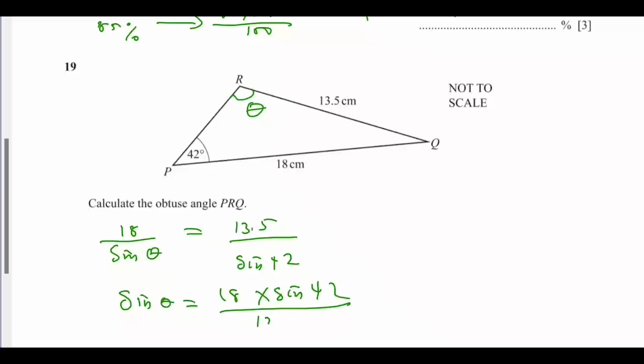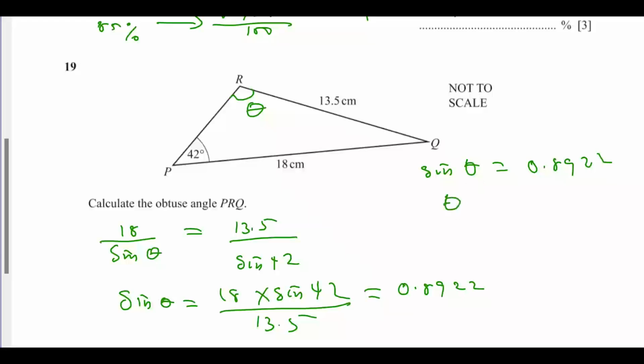You can input this directly into your calculator and you get the value of sine theta to be equal to 0.8922. So that means sine theta equals 0.8922.